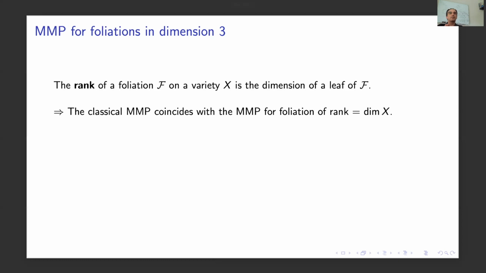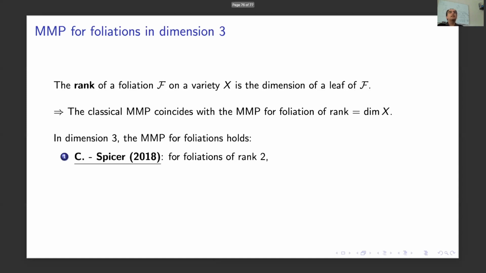So really the classic MMP is a subset of the MMP for foliations, in a sense, where the rank is considered to be maximum. Clearly in dimension 3, the MMP is known to hold for rank equal to 3, because we know that the MMP holds for classical projective varieties in dimension 3.